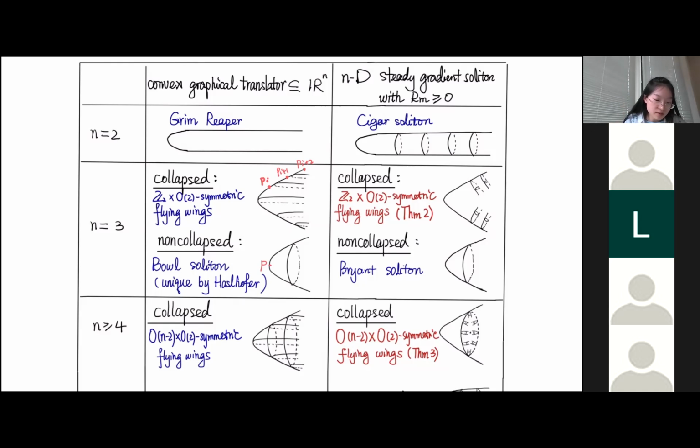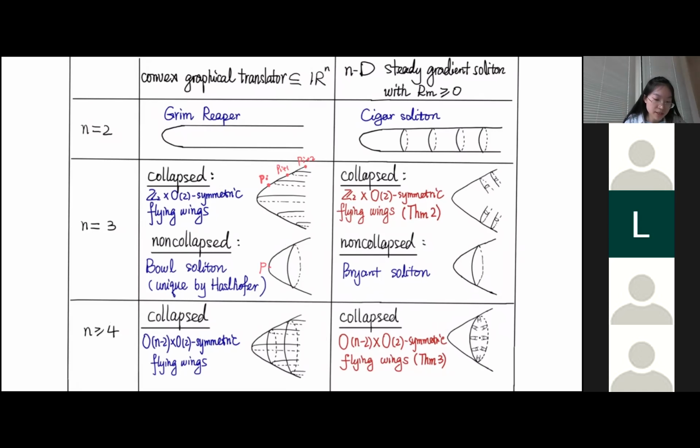So now we're able to show that there's something similar on the side of Ricci flow, and here is our second theorem. It says that we can also construct some similar objects. It is known as a flying wing, and it also has a similar asymptotic behavior at infinity, right?